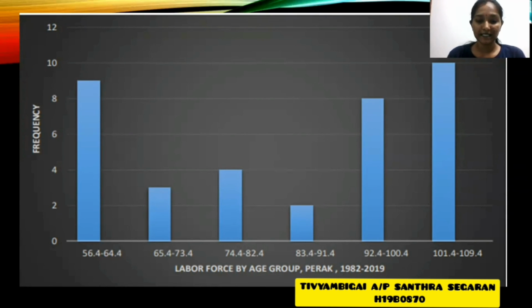The frequency is 2. Fifth class is 92.4 to 100.4. The frequency is 8. The last class is 101.4 to 109.4. The frequency is 10. The bell shape is symmetric.